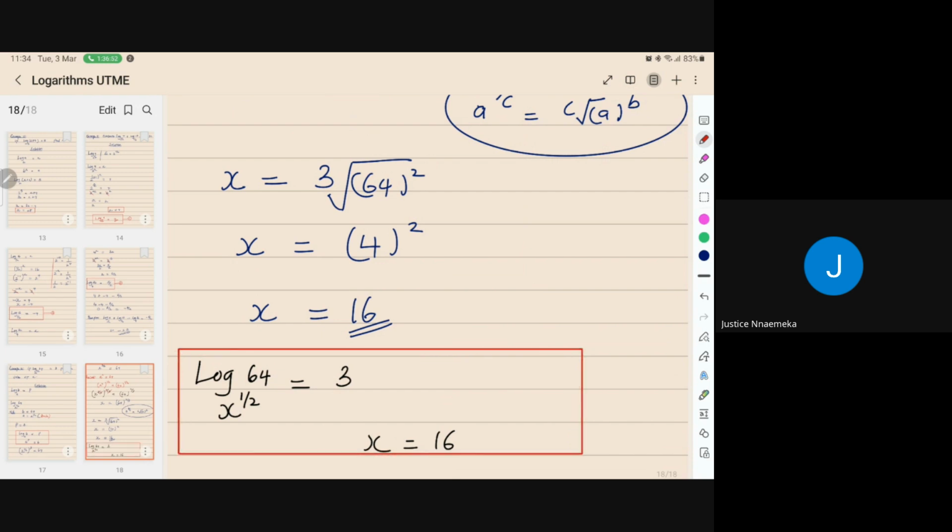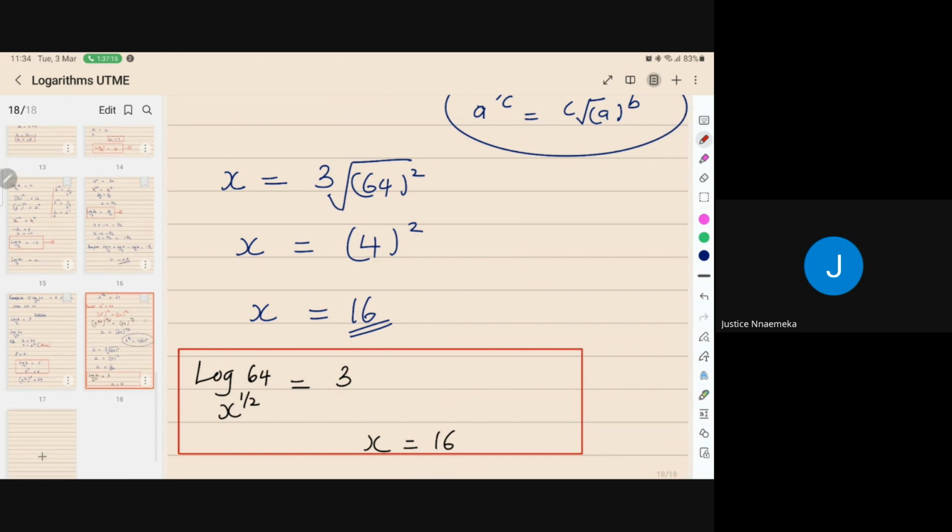And that's why I took time to teach us indices, and I solved as many problems as possible for your indices. Now, the next one I want to solve at this point. Let's see how we can go about that. All right, I've solved this question. Now, this one says something like this. This is my example 13 now.